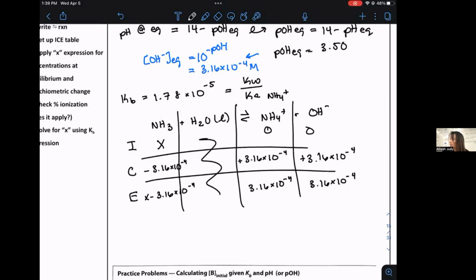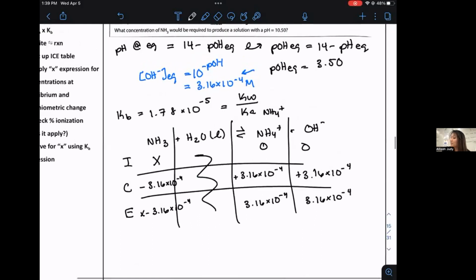When do we know to use like the 5% rule? How did you even get the number? So this number 3.16 comes from me figuring out the equilibrium concentration of hydroxide ion based off of the equilibrium pH.